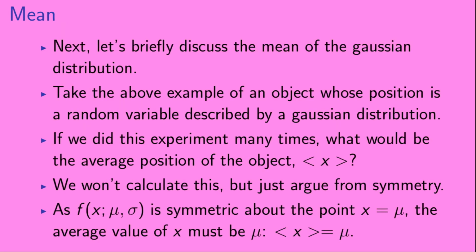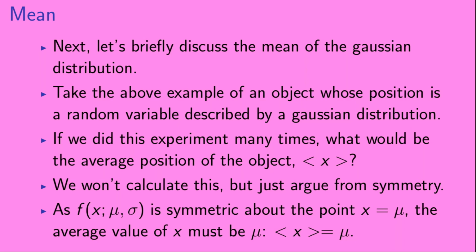Next, let's briefly discuss the mean of the Gaussian distribution. Take the above example of an object whose position is a random variable described by a Gaussian distribution. If we did this experiment many times, what would be the average position of the object, here denoted as x in brackets? We won't calculate this, but just argue from the point of symmetry.